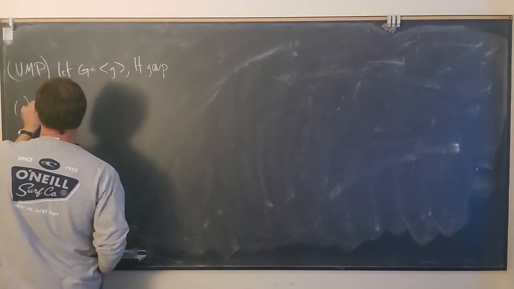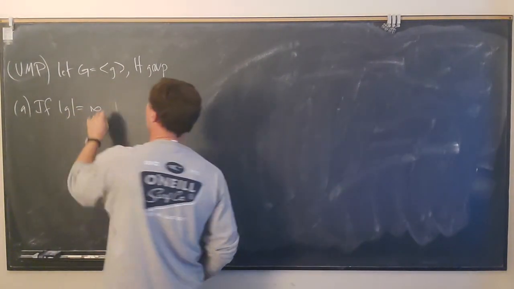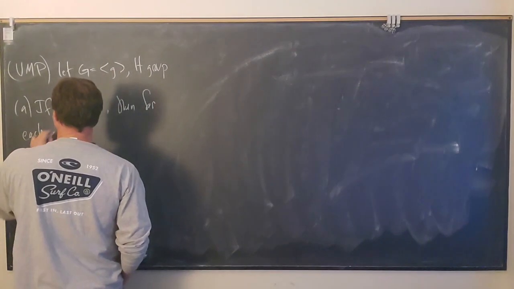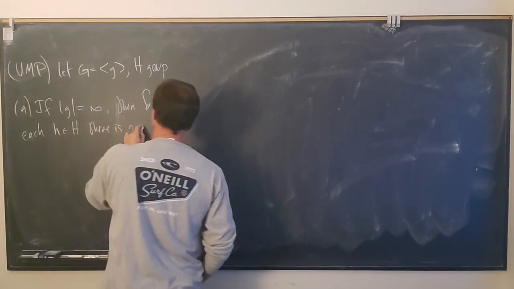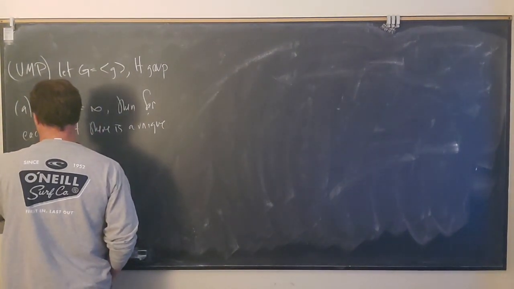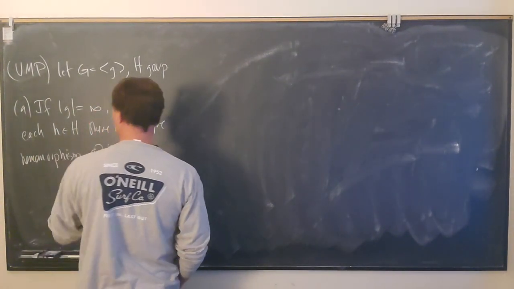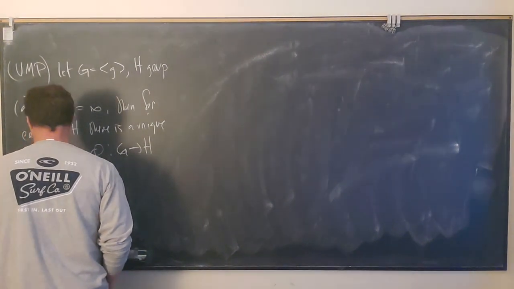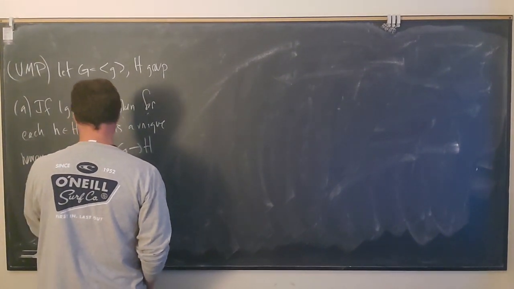In the infinite case, if the order of little g, our generator, is infinite, then for each little h in capital H, there is a unique homomorphism phi from G to H such that phi of our generator equals h.